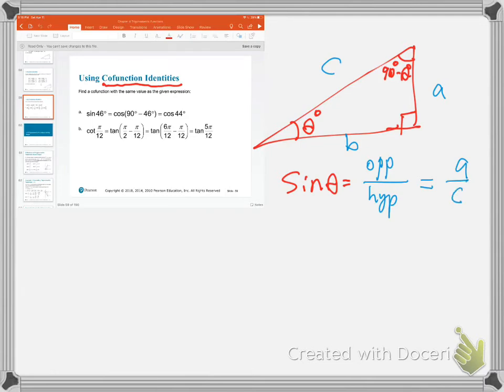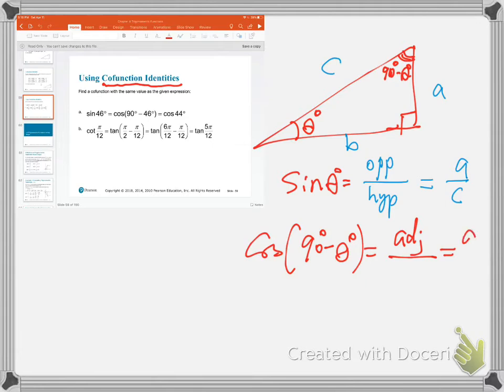But now if you look at cosine of 90 degrees minus theta, what is A? A is the adjacent side of 90 minus theta, and hypotenuse is C. So we get sine theta is equal to cosine of 90 minus theta.